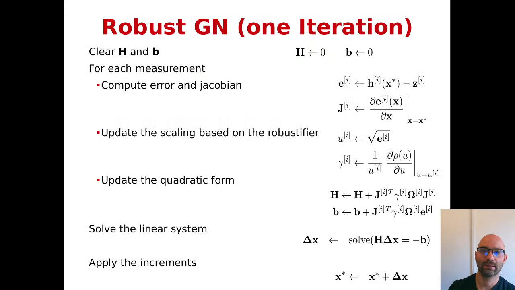How do we do that? Well, that's a variant of Gauss-Newton with the robust cost functions. It's exactly the same as the standard Gauss-Newton. It starts, as always, by clearing H and b. And then at each iteration and for each measurement, you have to compute the error, you have to compute the Jacobian, as you were always doing.